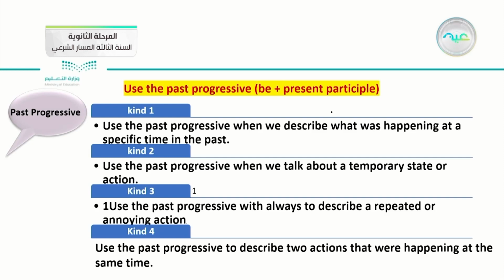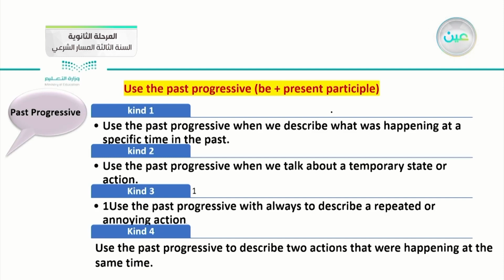Number 2, we use it when we talk about a temporary situation, state or action. Kind 3, use the past progressive with "always" to describe a repeated or annoying action. So if you have a repeated action in the past, you should apply the past progressive.